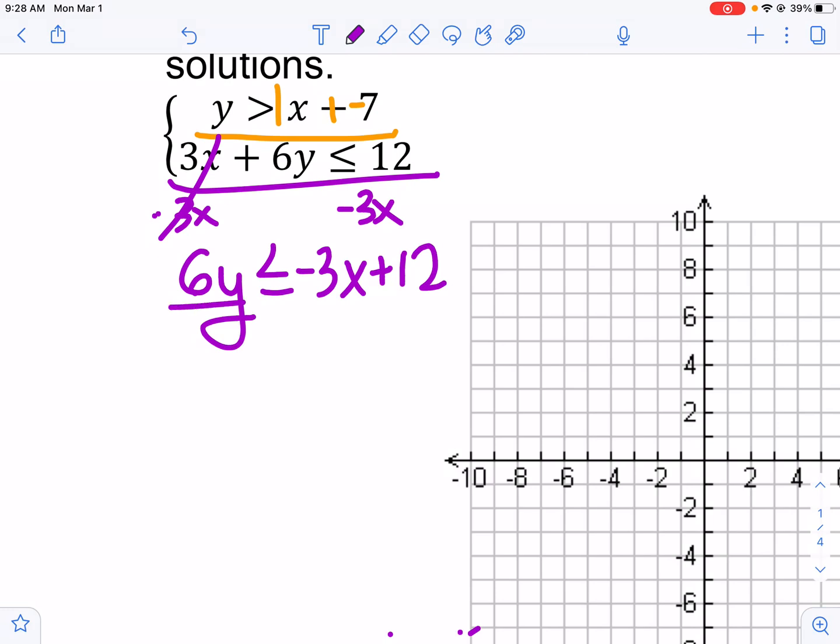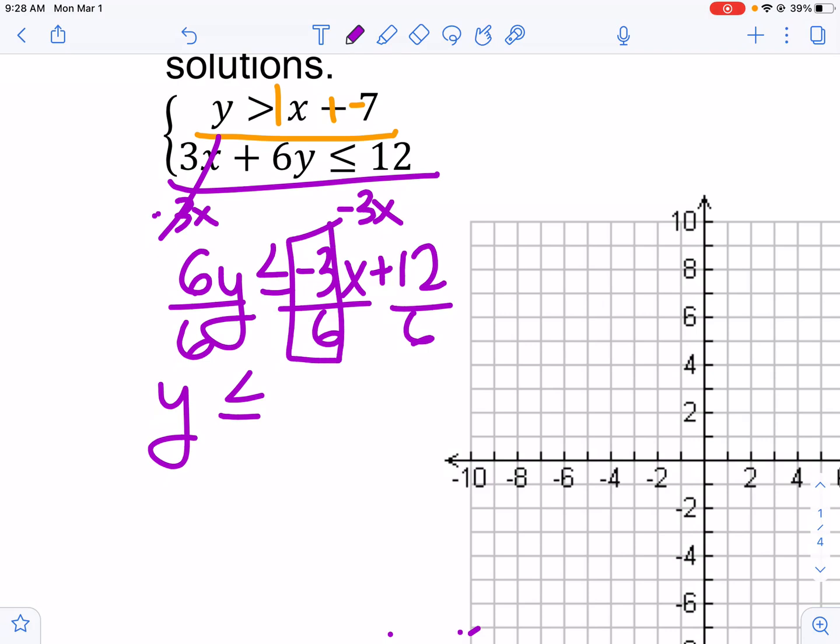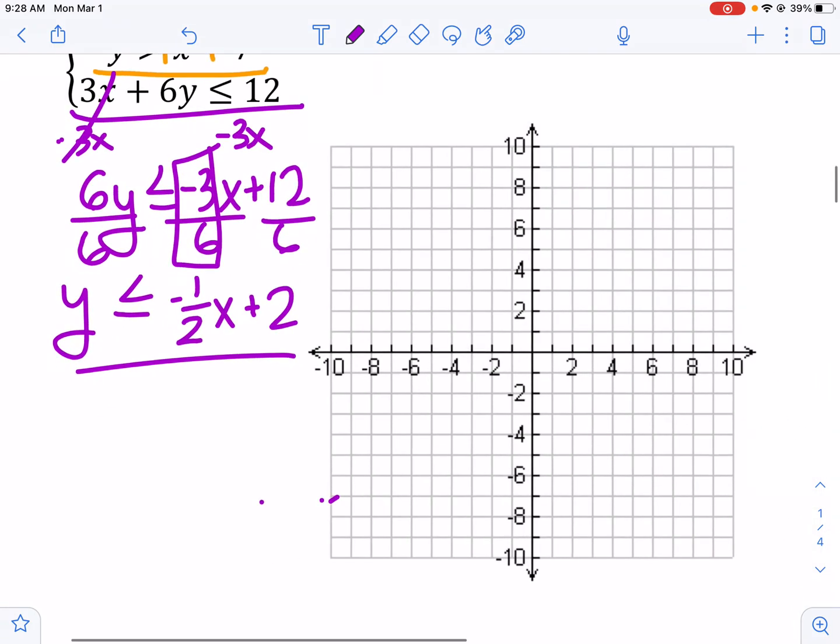And I still need to get y completely by itself. I will divide all the sides by 6. So y is less than or equal to, now we can reduce this, -1/2 x plus 2. So this is the inequality I will be graphing.